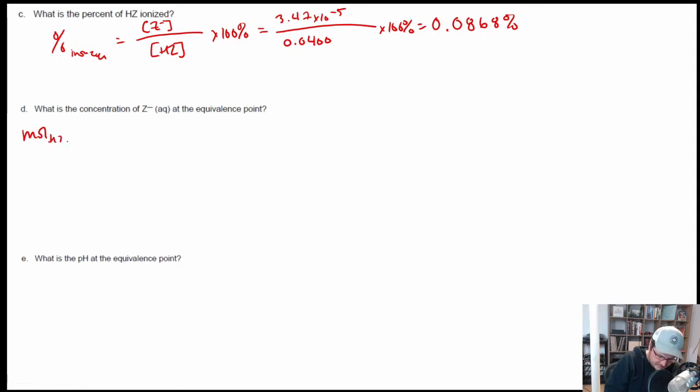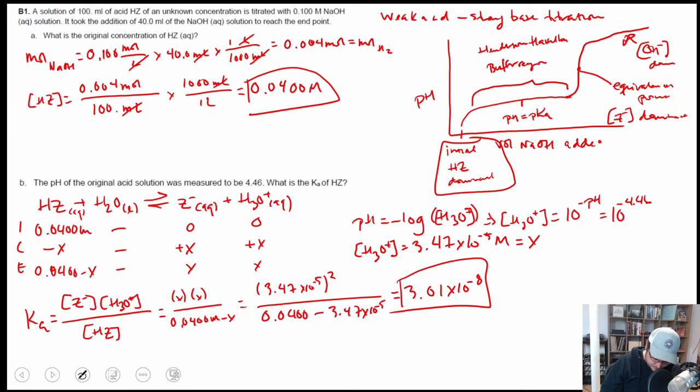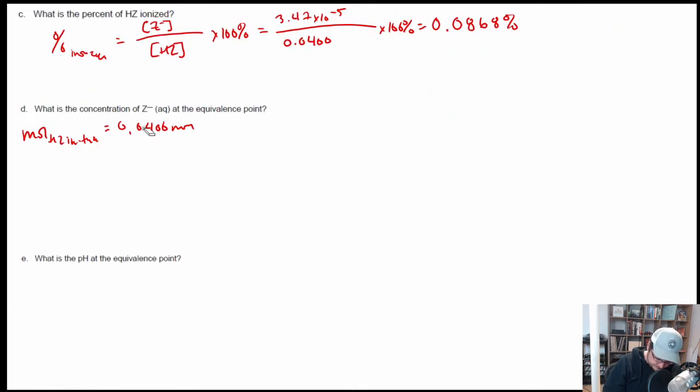So moles HZ initial is equal to 0.00400 moles, and that's going to be equal to the number of moles of Z minus at the equivalence point. The next question is the volume.